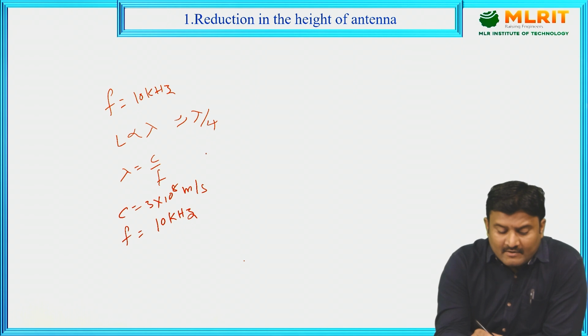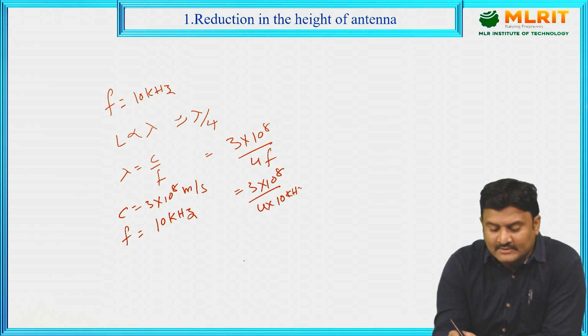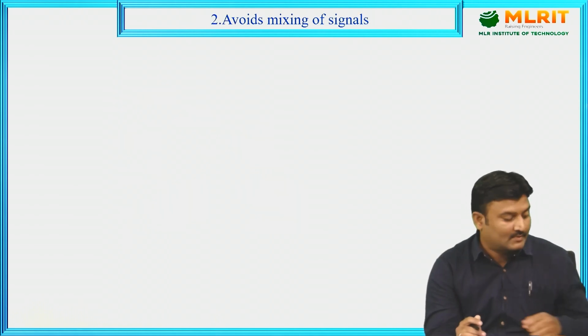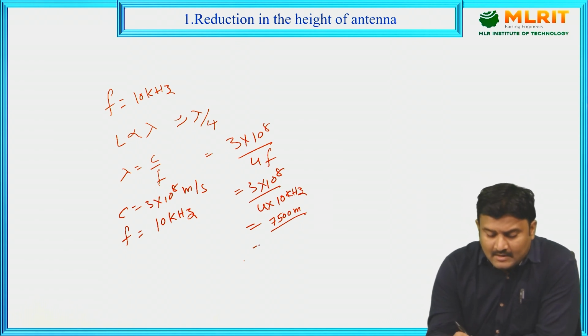Remember, when you take height equal to lambda by 4, then you can write 3 into 10 to the power of 8 by 4 F, nothing but 3 into 10 to the power of 8 by 4 into 10 kilohertz. That is approximately equal to 7,500 meters, nothing but 7.5 kilometers.